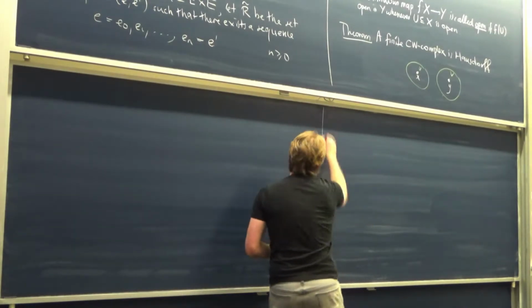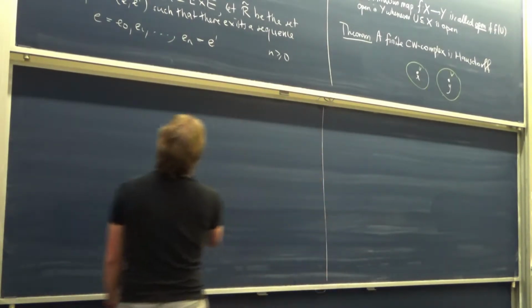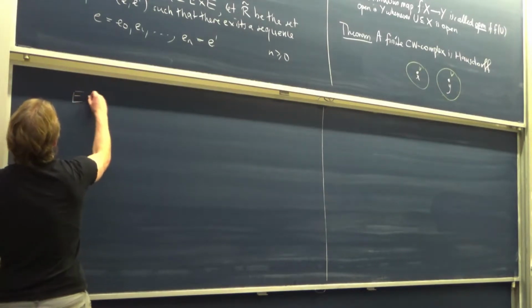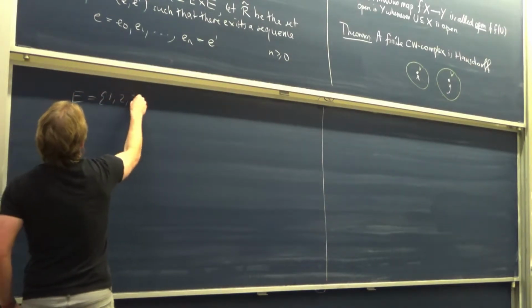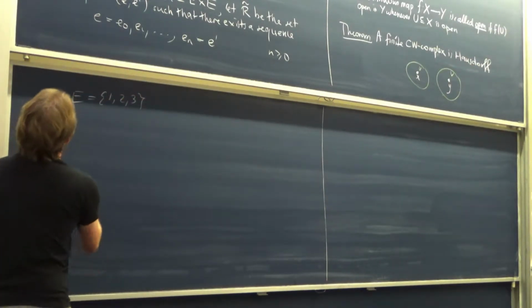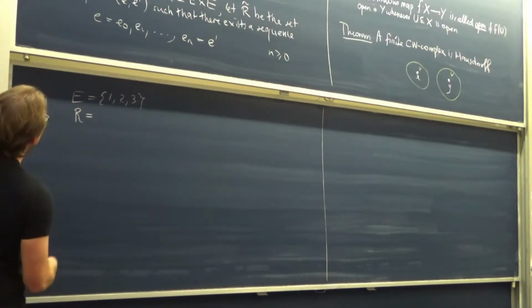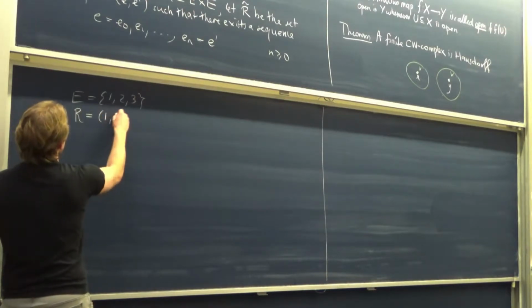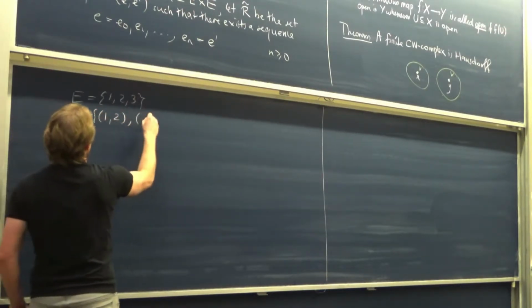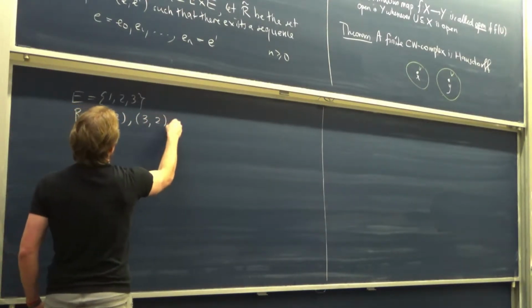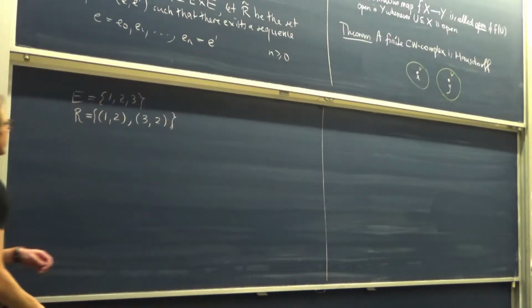So let's consider, for instance, the set 1, 2, 3. And let's say R, okay, so R's got to be a set of pairs. So let's say 1, 2, 3, 2, and that's it.